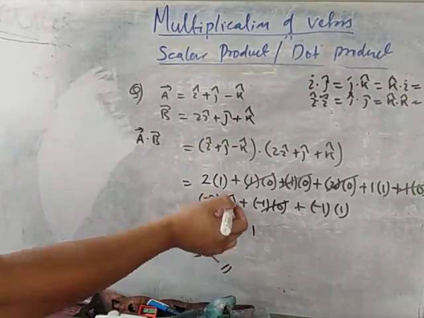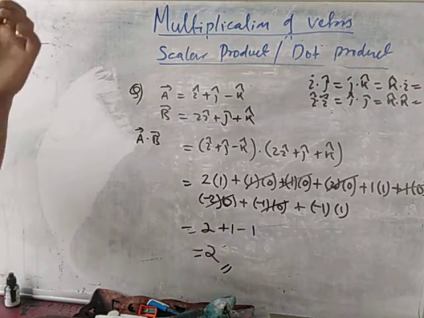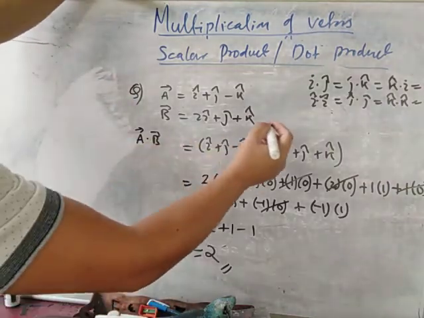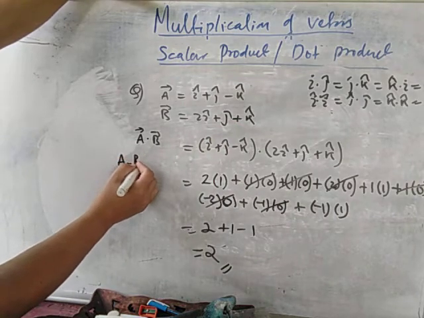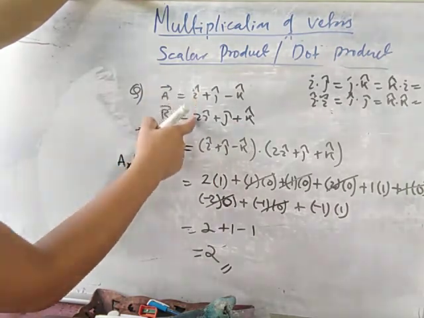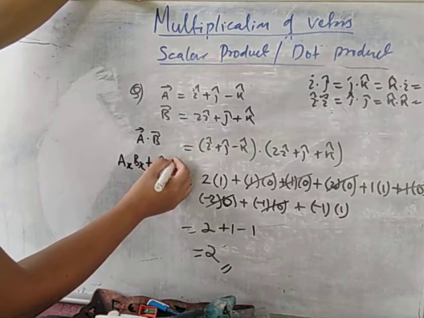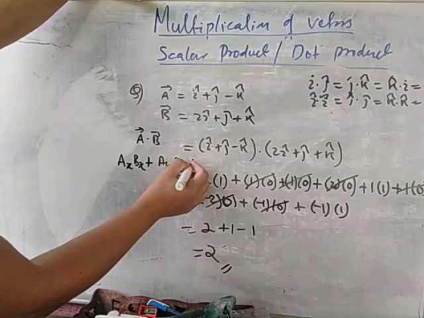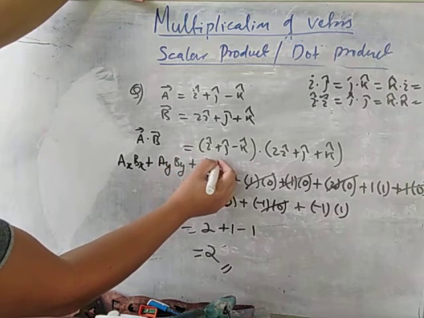So this is how we multiply. There is a shortcut also. Okay, so what to do? Just multiply ax with bx, plus ay into by, plus az into bz.